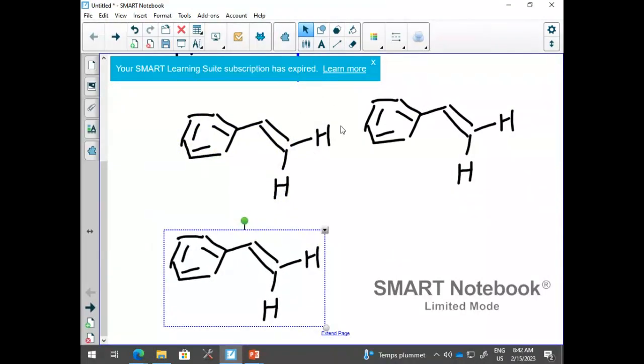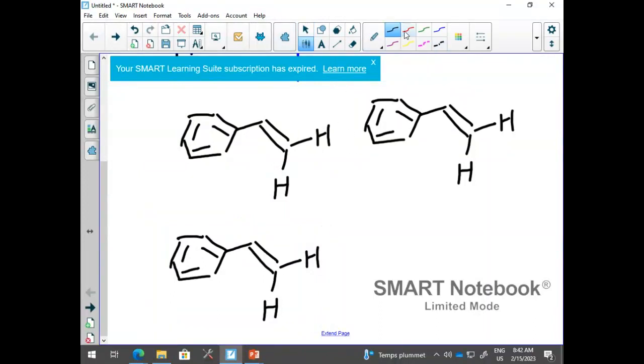If you replace this proton with a group you don't already have here, let's say a fluorine, you get this compound. You can replace this other proton similarly.